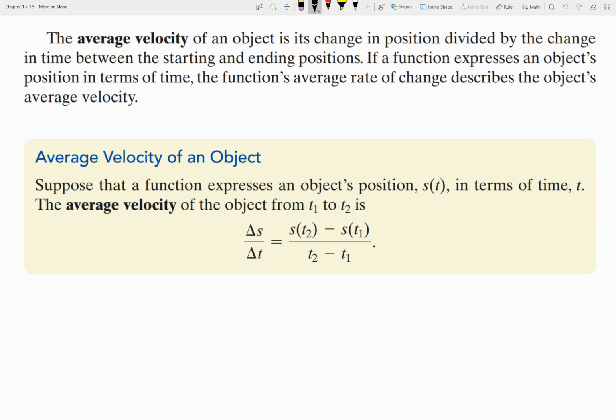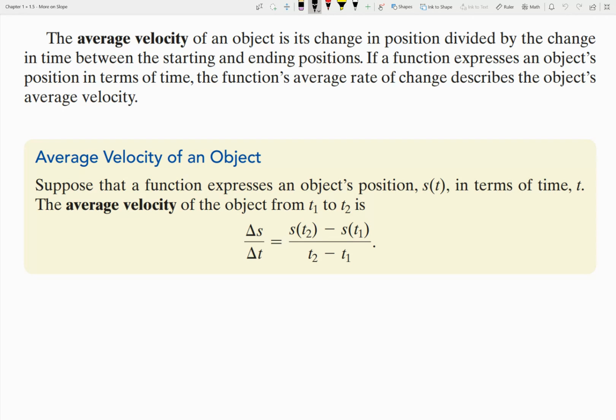Oh, this can translate directly to average velocity. So average velocity is the change in position divided by the change in time between the starting and ending positions. So if the function happens to express an object's position in terms of time, the average rate of change describes the average velocity.